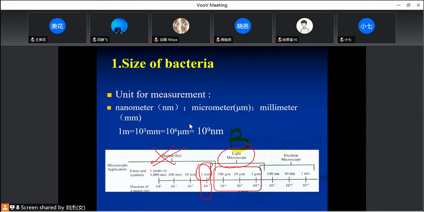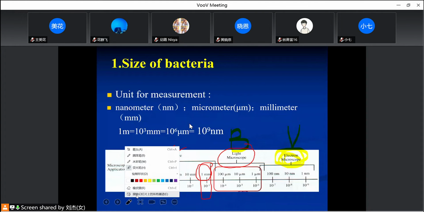And here we also have the electron microscope. The electron microscope can see even much smaller, tiny organisms, for example, viruses, and the organelles inside the bacteria, which can also be seen under the electron microscope.